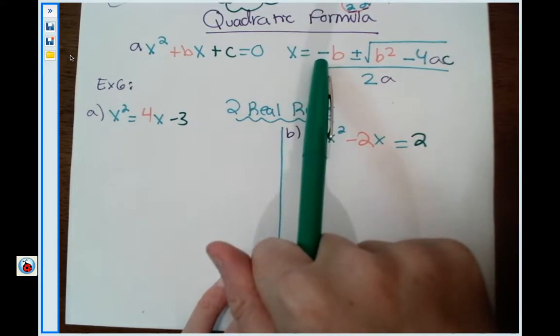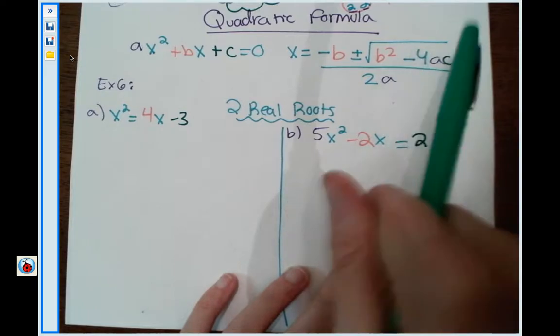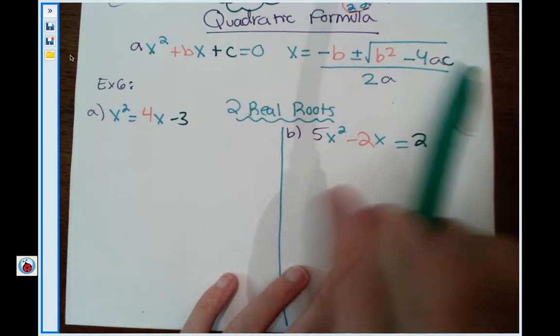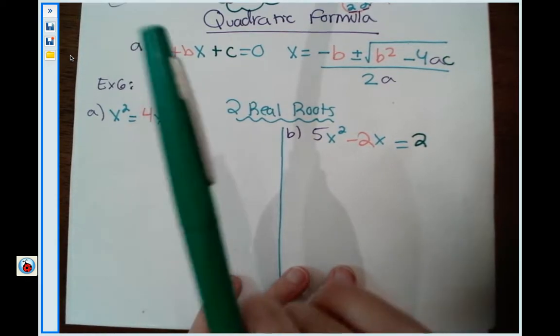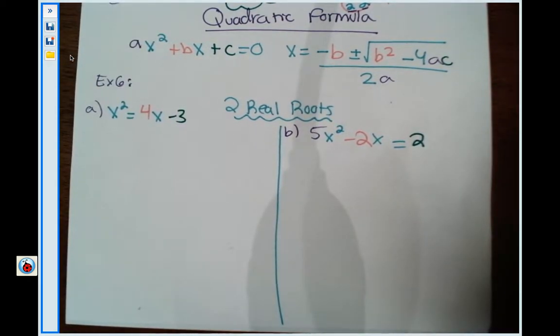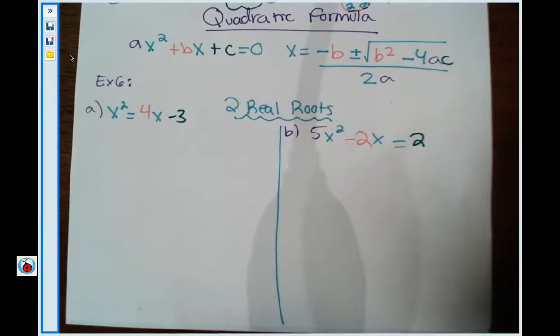So opposite of b plus or minus the square root of b squared minus 4ac all over 2a, or divided by 2a. In class I am going to teach you a nifty song to remember it if you need help, because it's kind of a long formula, so I will teach you a song to help you memorize it. I know you're dying to hear the song, but you'll have to wait on that in class.